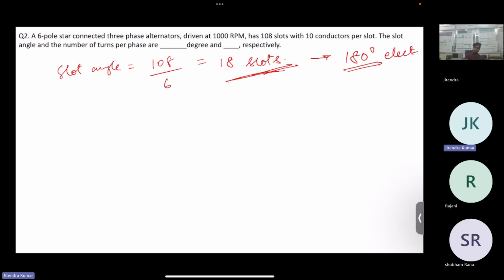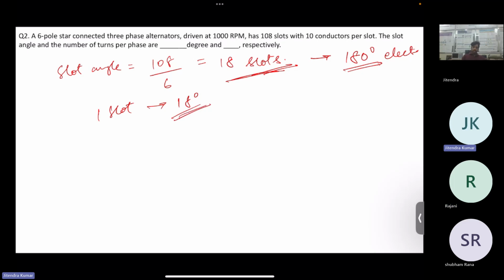Now we have to calculate the slot angle. So 18 slots is equal to 180 degrees, so one slot will lead to 10 degrees.